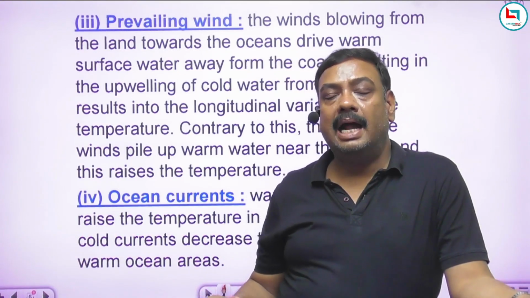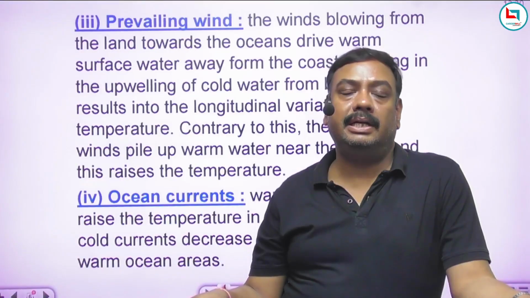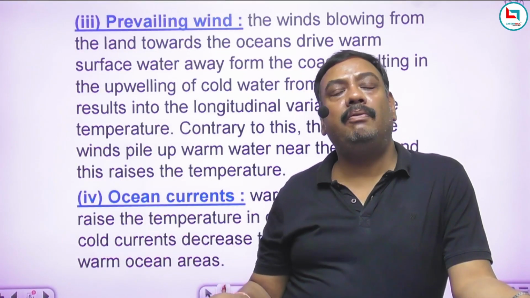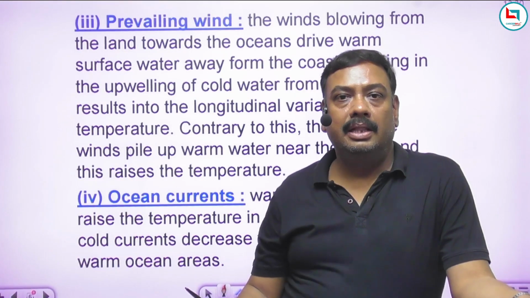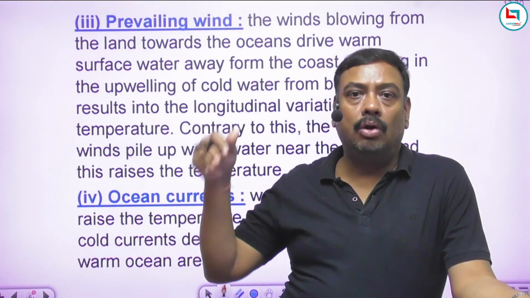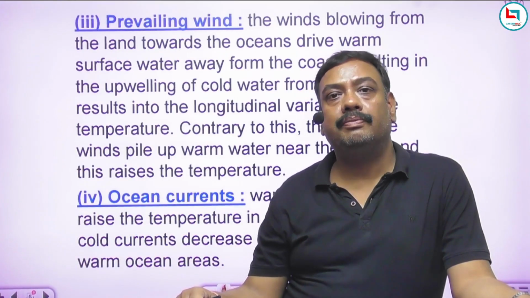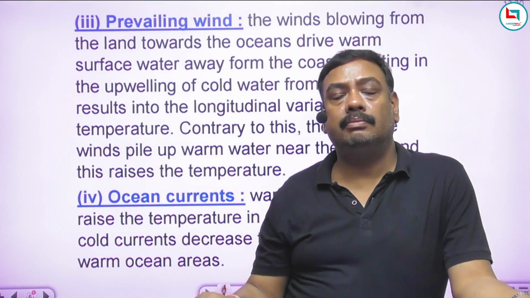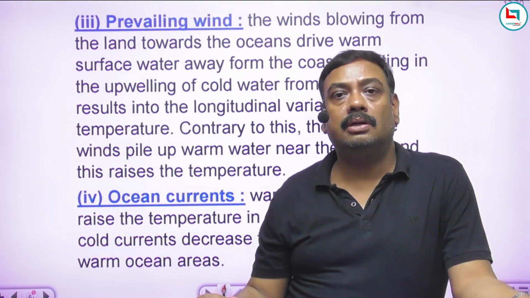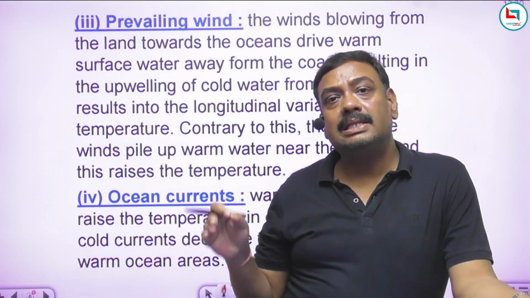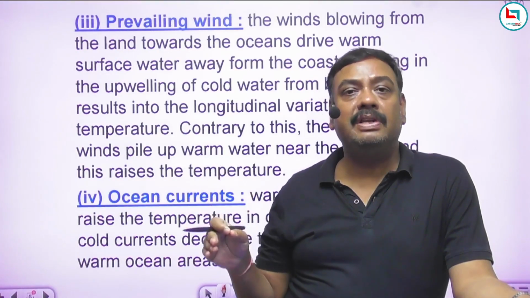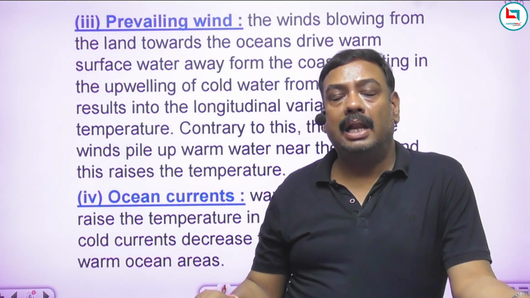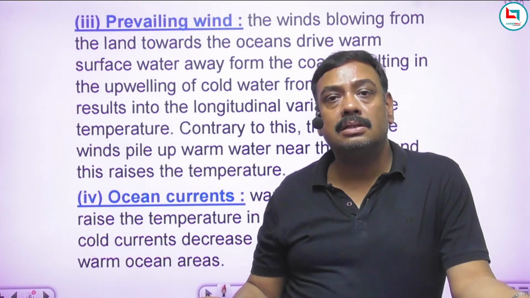When we say that rivers are flowing in a certain direction on the land surface, they are flowing in the form of a channel. They are particularly following the slope gradient of the mountains or hills. On almost flat land, they are also following a particular direction. In the same way, if the surface water of the ocean is flowing in a certain direction, like the rivers on the land, those are called ocean currents.